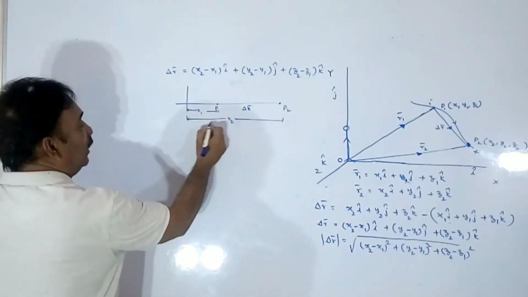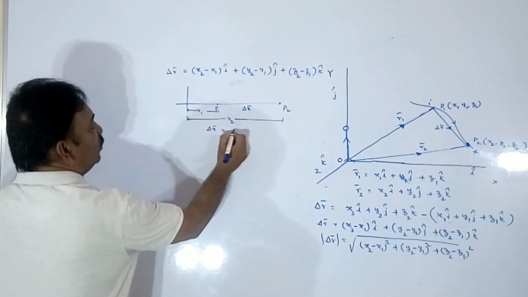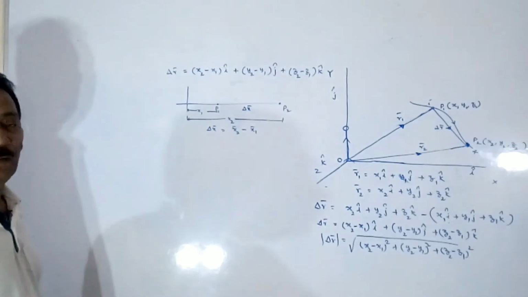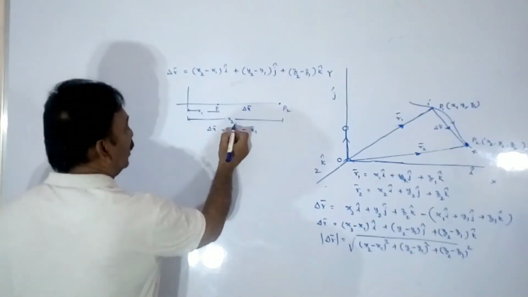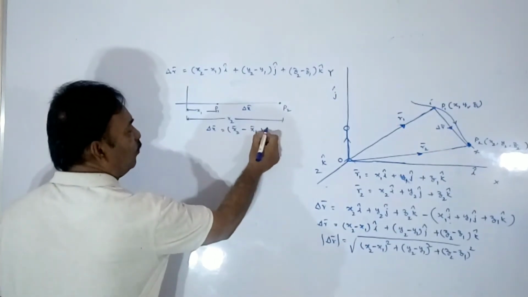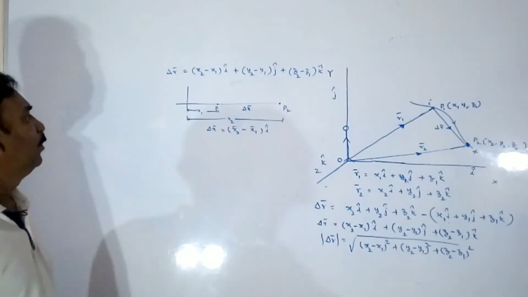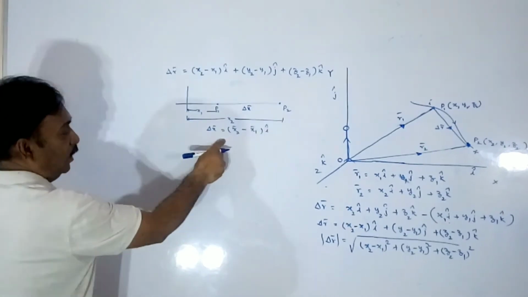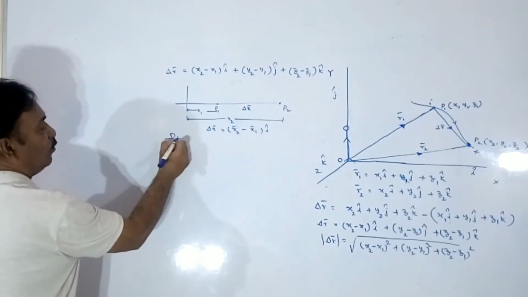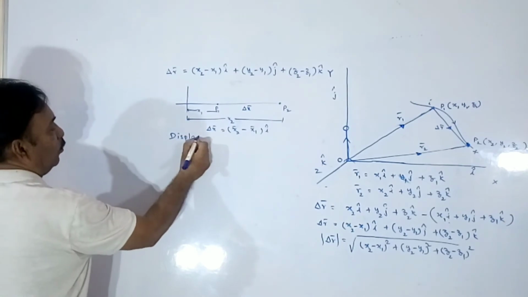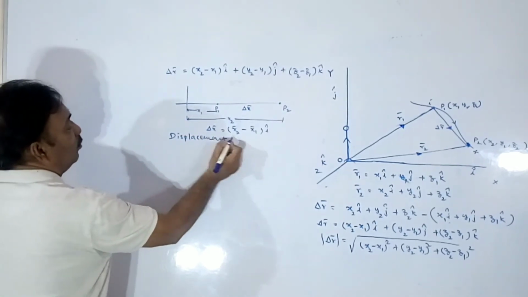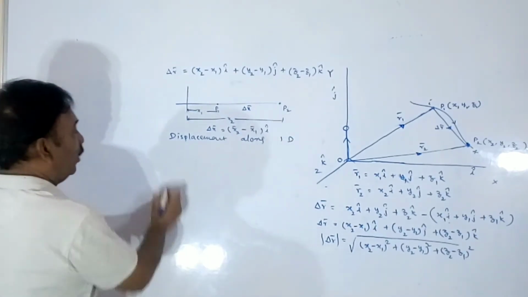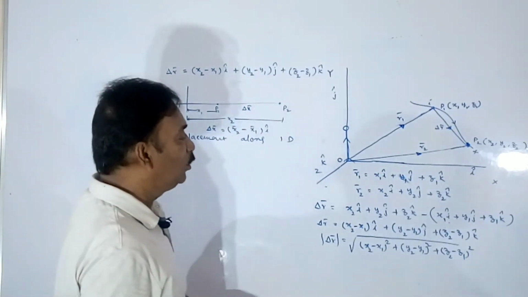Then delta x is equal to x2 minus x1, with respect to the unit vector i cap. That means if you eliminate these two, it will be the one-dimensional displacement along 1D.